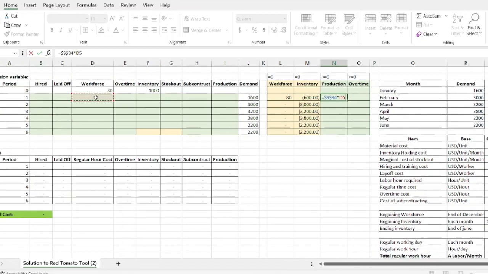Then plus what will be the number of products that we will be getting from overtime? The hours. This is the overtime hours. Divide by 4. So this is the equation here.